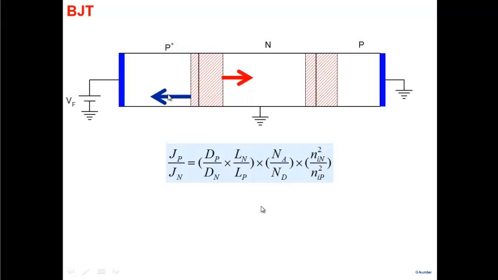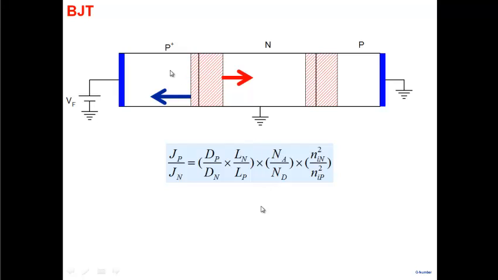Okay, and now you know why you make the emitter P plus. You make it P plus to get a higher hole component rather than the electron component here, and that results in larger gain. So this equation tells us why we make a bipolar transistor with the emitter as P plus and the base as N. It also tells you something interesting, that sometimes it becomes difficult to make doping very, very high.